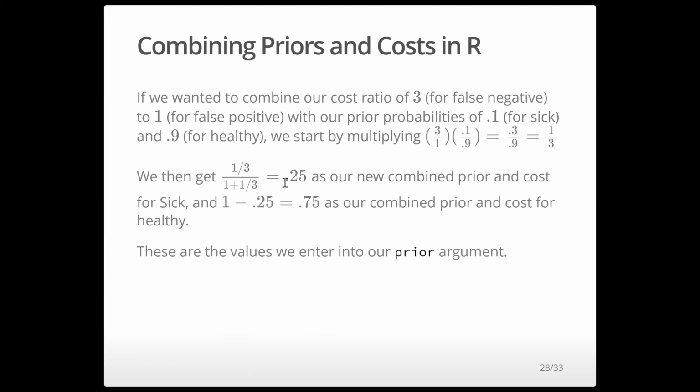So 0.25 is our new combined prior and cost for group 2, and then 1 minus 0.25 is 0.75. That's our combined prior and cost for healthy. And these are the values we're going to enter into our prior argument.